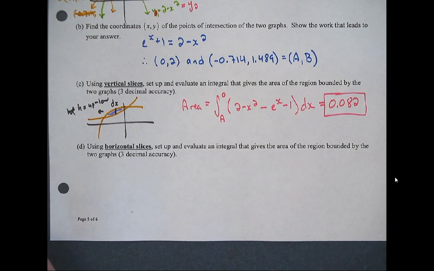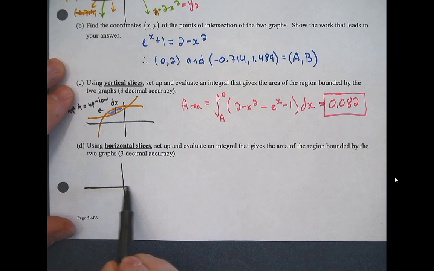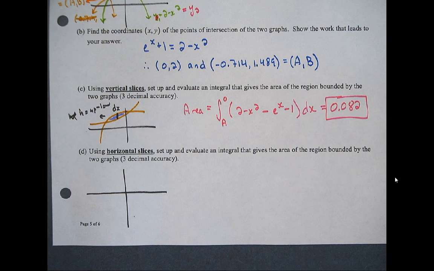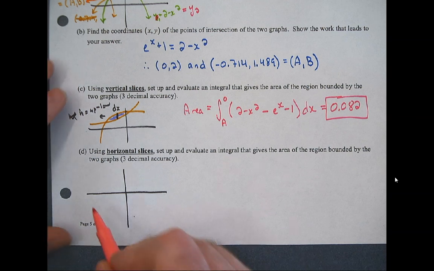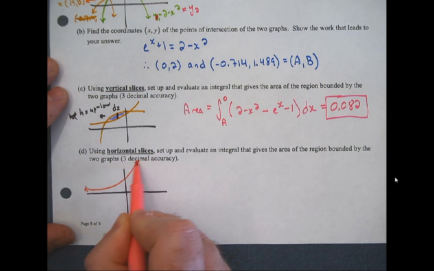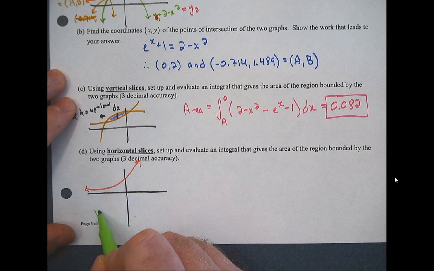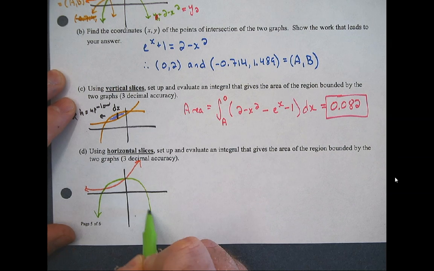Now we're going to do the same thing, but we're going to do it with horizontal slices. So this is going to be the third time I get to draw this curve. Let's see if it looks decent the third time through. There we go.